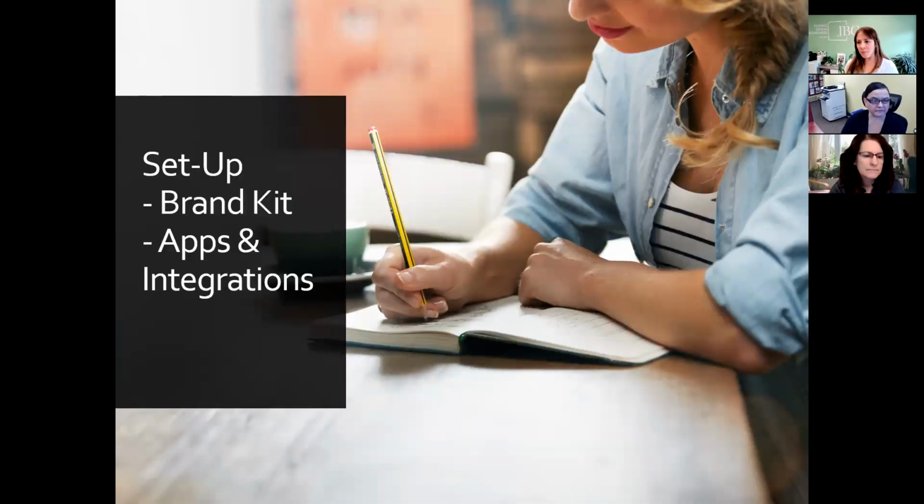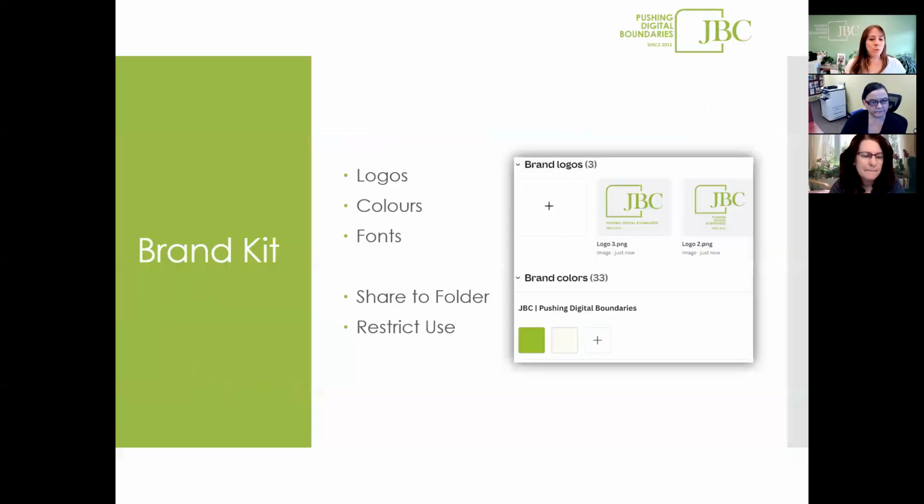All right, so let's talk about your brand kit. So the brand kit really allows you to set your business up for success. So many of you here are probably using Canva just for your business, the organization that you work for, and you've kind of got that set brand identity. And this is where you can put all of that information into Canva.